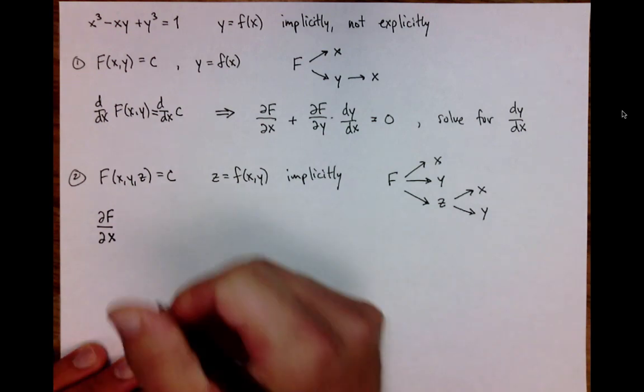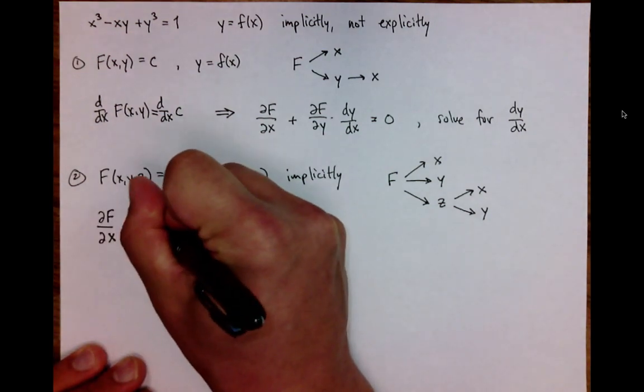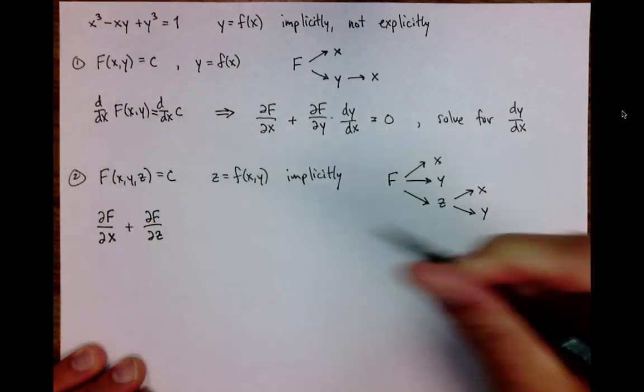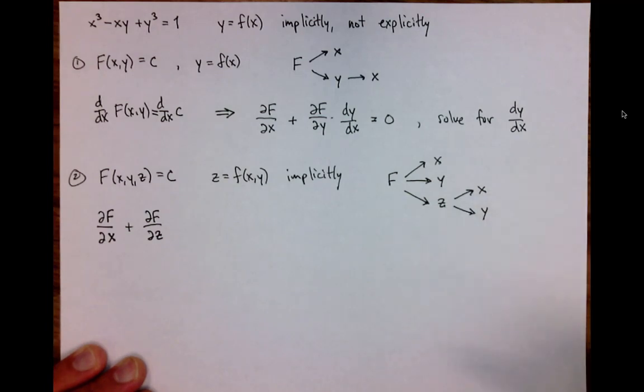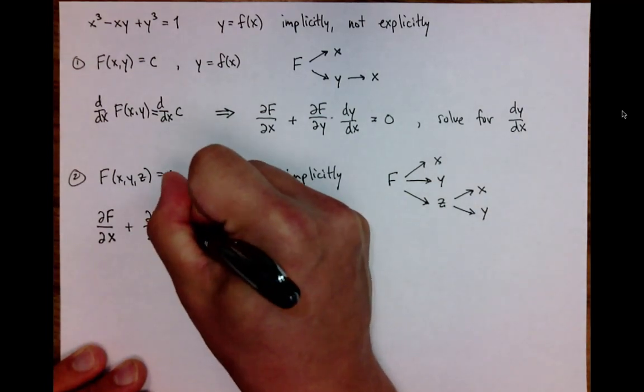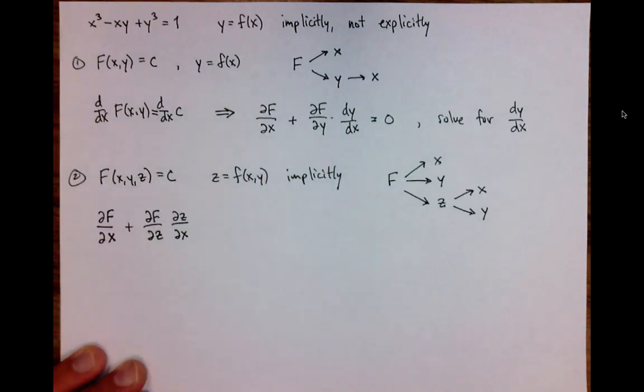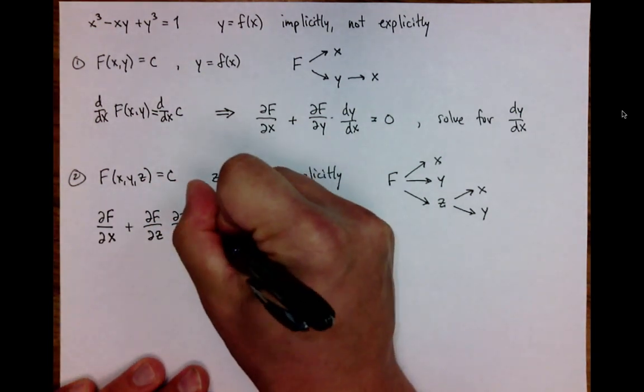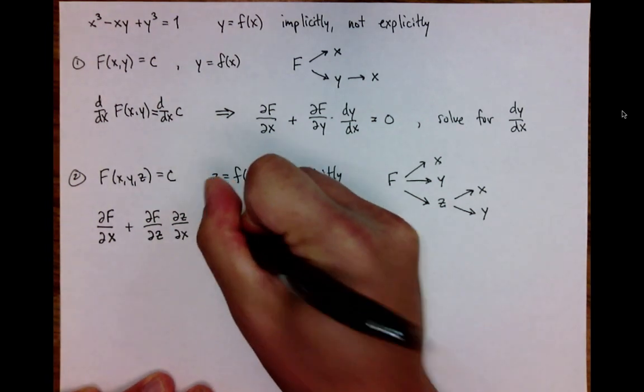I follow the bottom branch to get partial of f with respect to z. And then I finish by going from z to x. So that's the partial derivative of z with respect to x. And that's equal to the derivative of c with respect to x, which is 0.